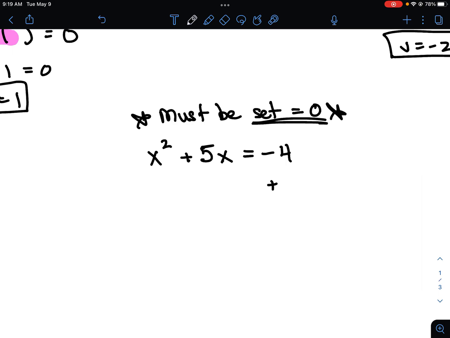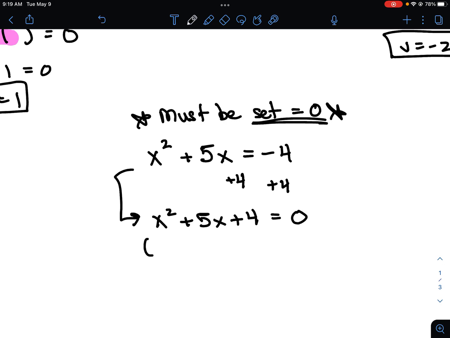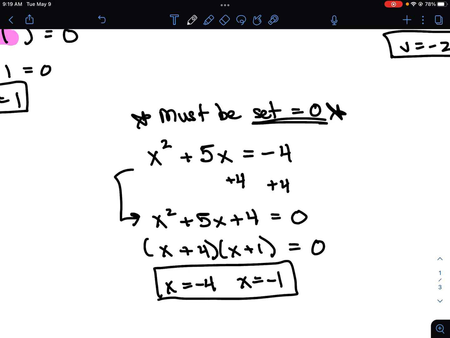So you would want to add 4 to each side. That is going to make x squared plus 5x plus 4 equals 0. Then you could factor and solve. So we'd be looking at x plus 4 and x plus 1 equal to 0. And then we'd have x equals negative 4 and x equals negative 1. So make sure it is set equal to 0.